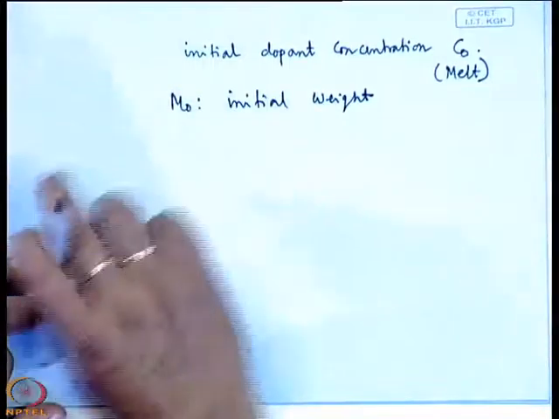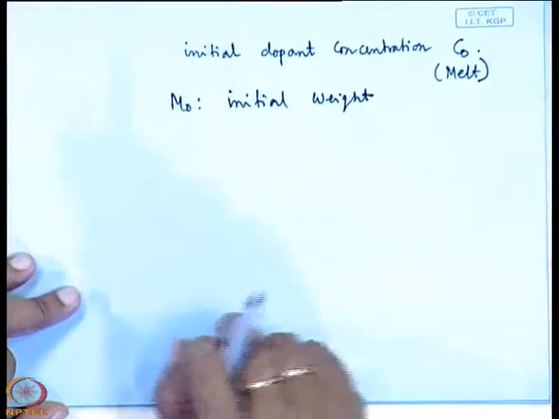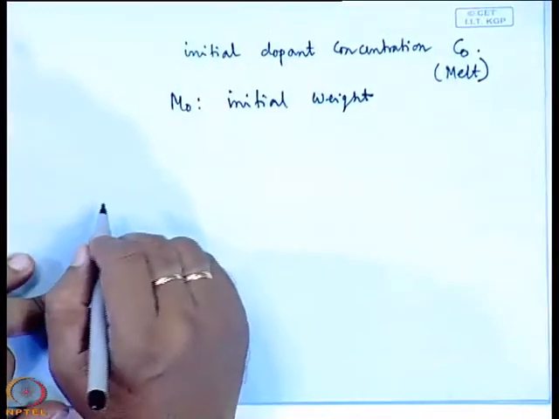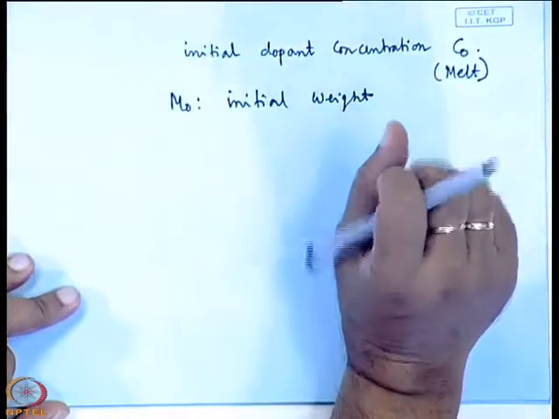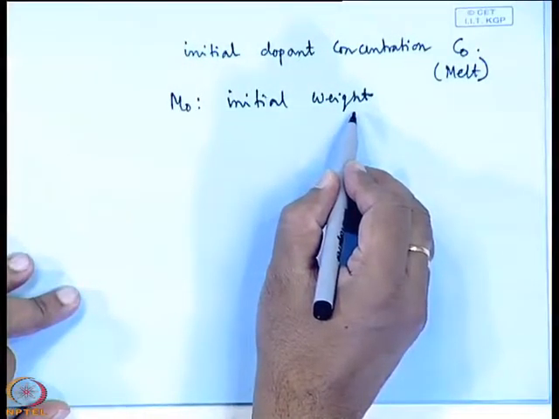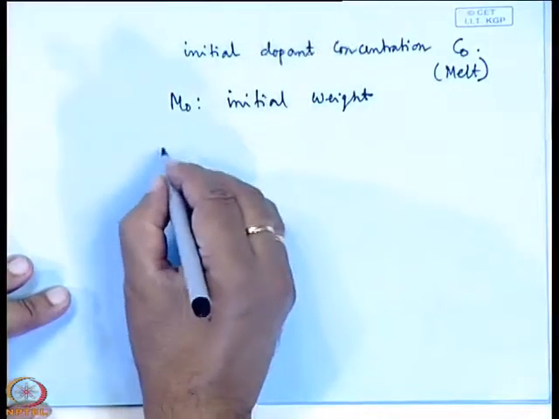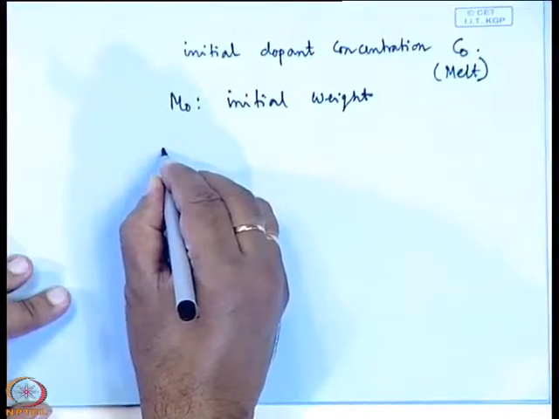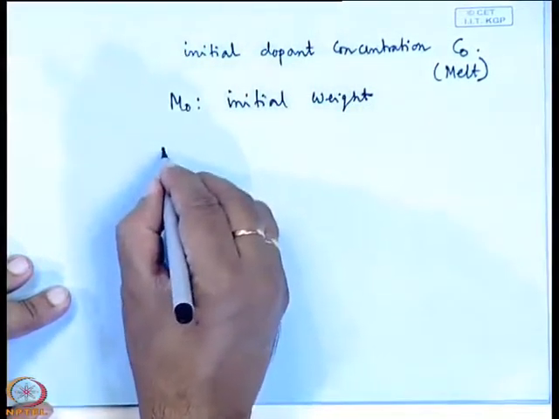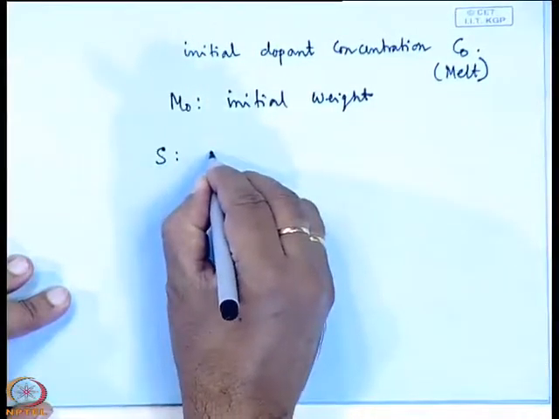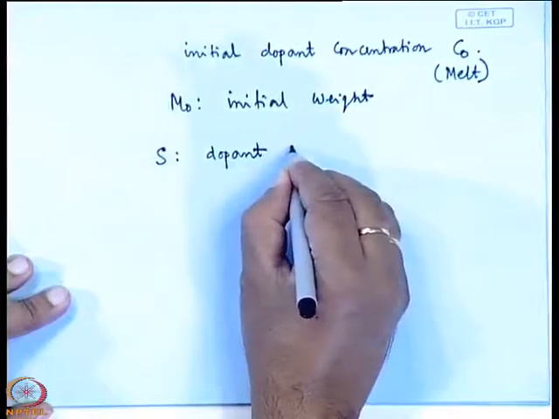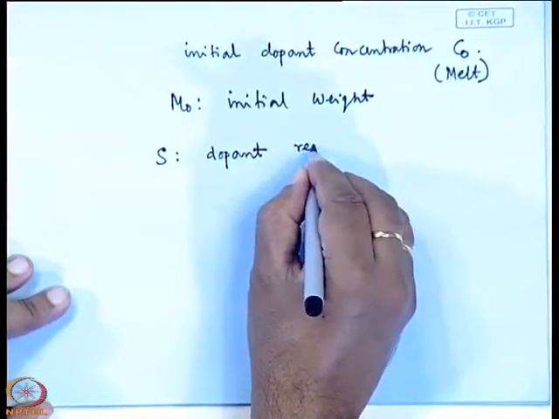Then as the crystal growth takes place, some of the crystal will be solidified. So, as M progresses, S is the dopant remaining in the melt.